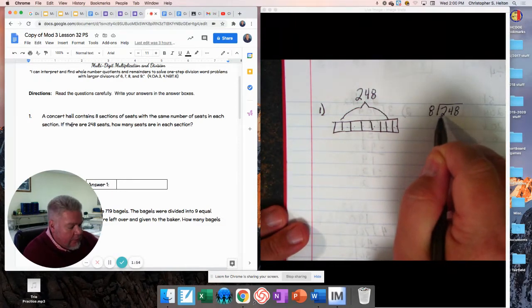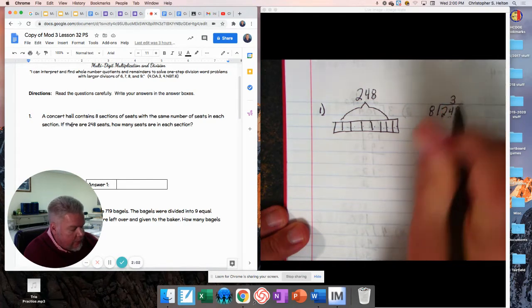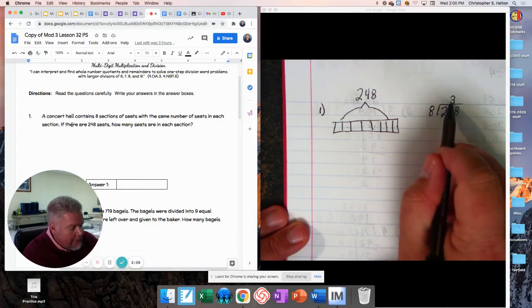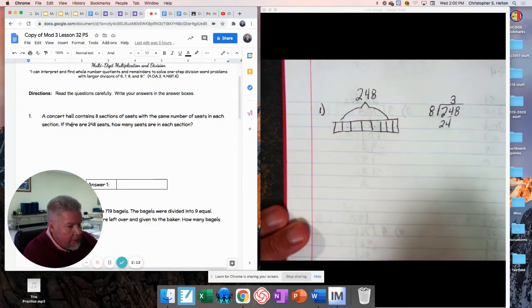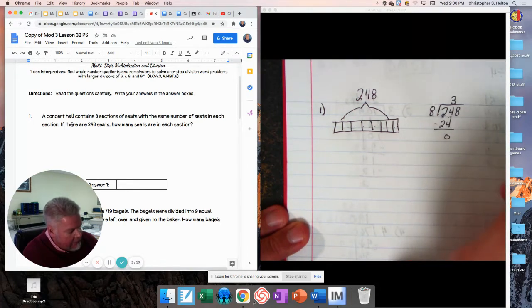So 8 will not go into 2, so we have to look over at the next number. Will 8 go into 24? It will. So it'll go 3 times. We don't write it above the 2. We write it above the 4 because we're dividing 24 by 8. Mama multiply. 3 times 8 is 24. Sister subtract. 24 minus 24 is 0.